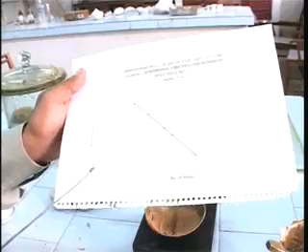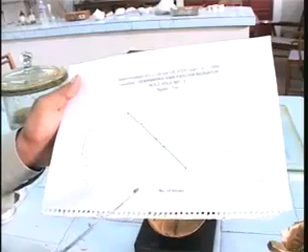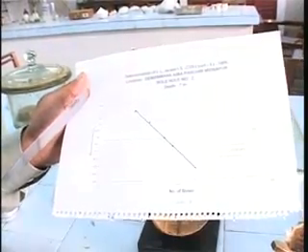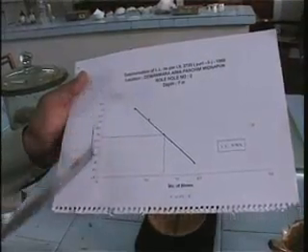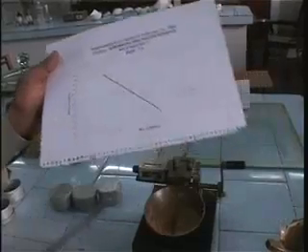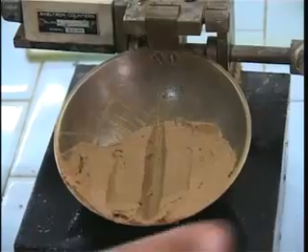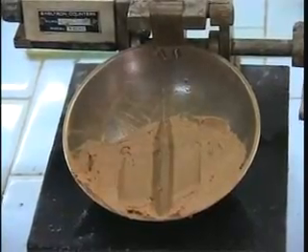This is called the flow curve, where the number of blows are plotted on a logarithmic scale in the horizontal axis, and the moisture content of the soil sample for that particular number of blows is plotted on the vertical axis like this one. So from this pat, in fact, we are going to save some sample for finding out the moisture content that we are going to plot in the vertical axis, as I was mentioning, and then we are going to prepare a plot like this, and this is called the flow curve.